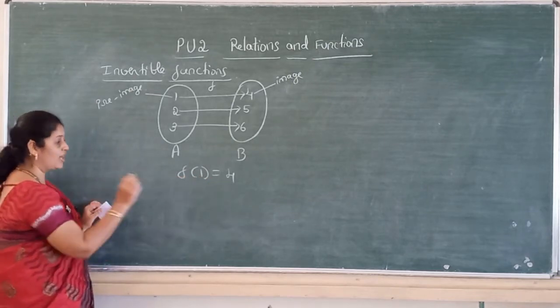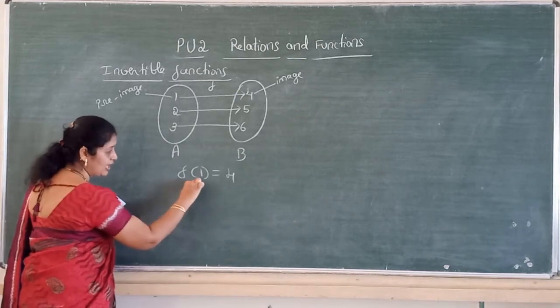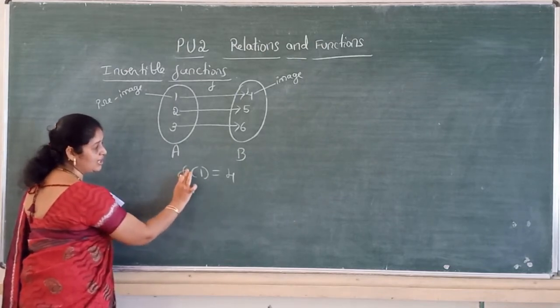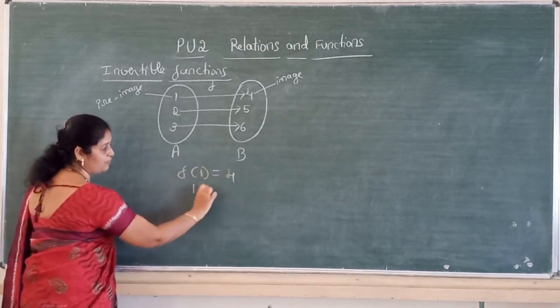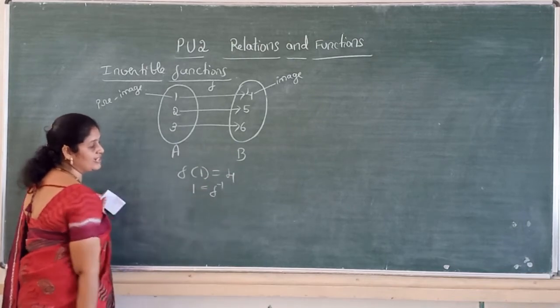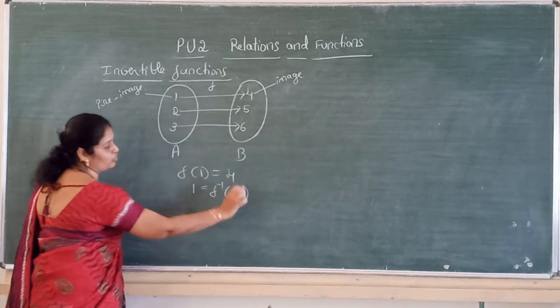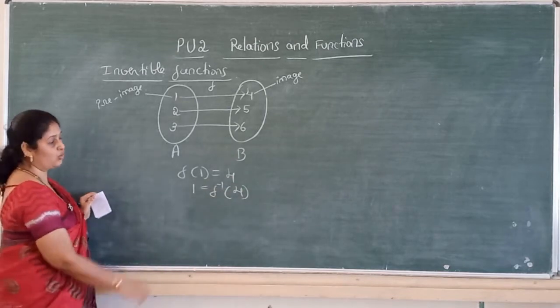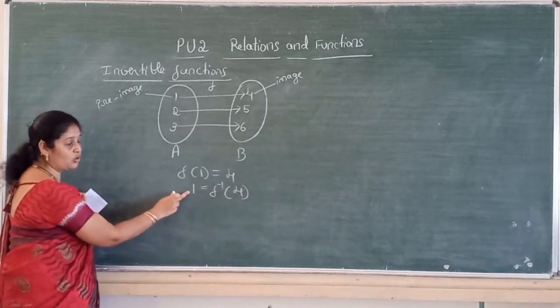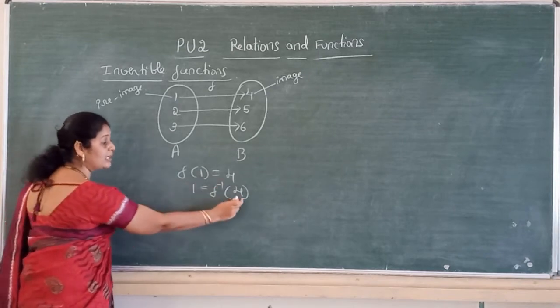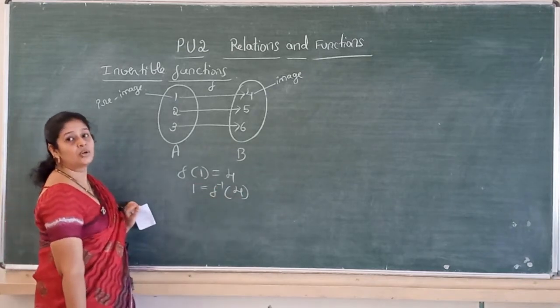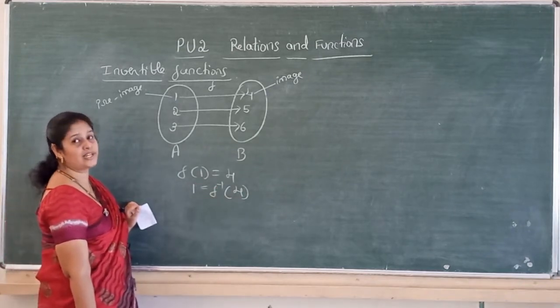I can write f, and on the right side it will become f inverse, not 1 by f: f inverse of 4, which is equal to 1, or 1 is called pre-image or inverse of an element 4.